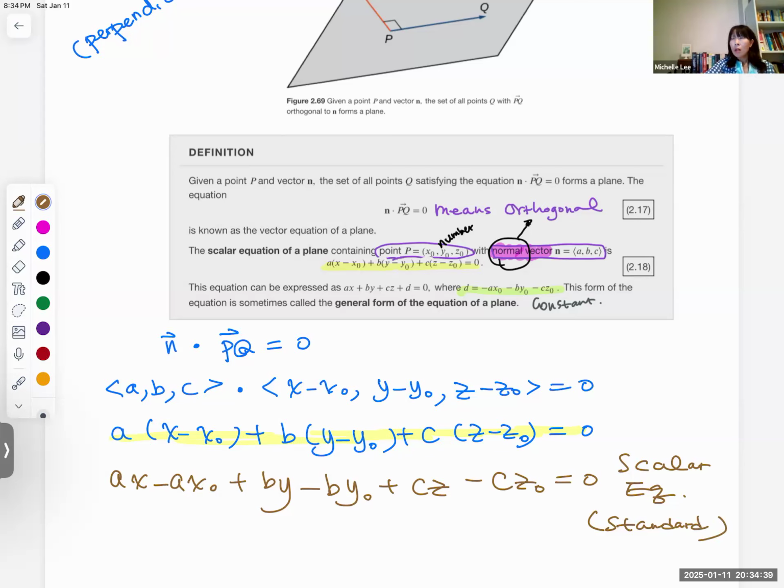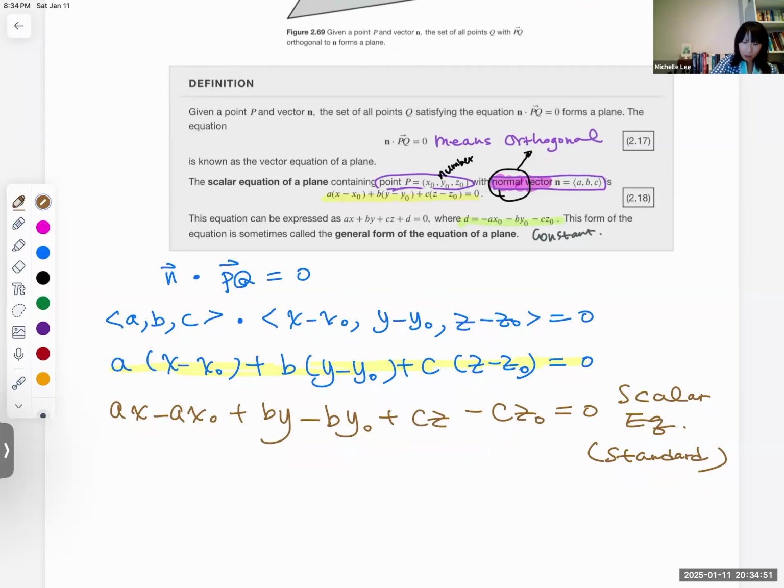Okay, now let's arrange x, y, z on the left, and then x naught, y naught, z naught on the right. That will be ax plus by plus cz, and minus this, that.